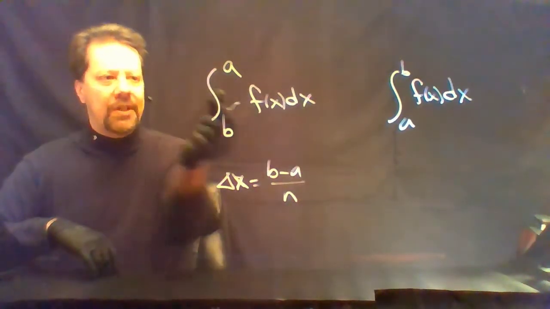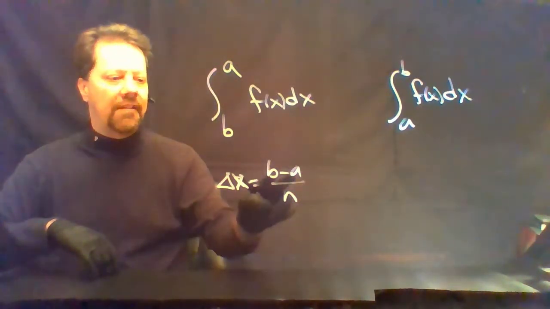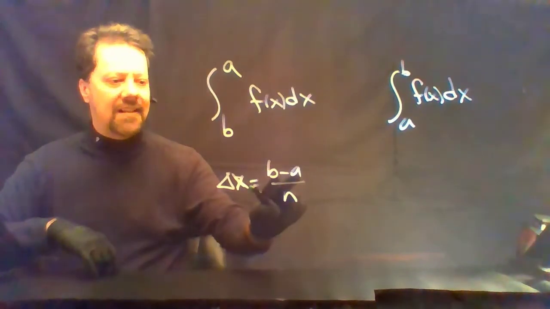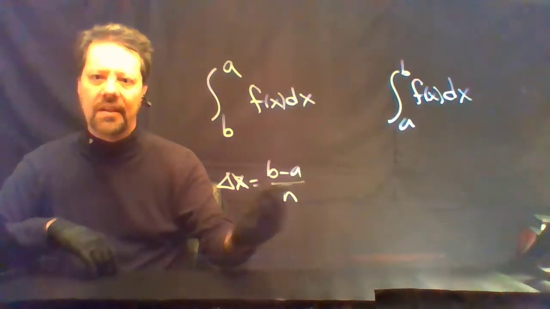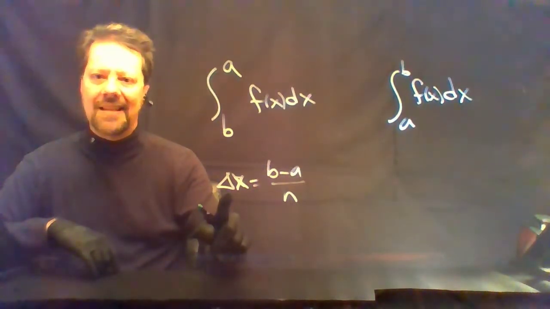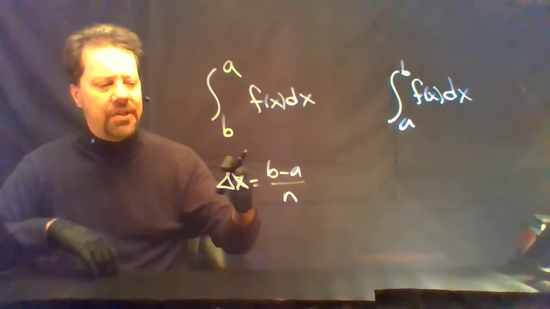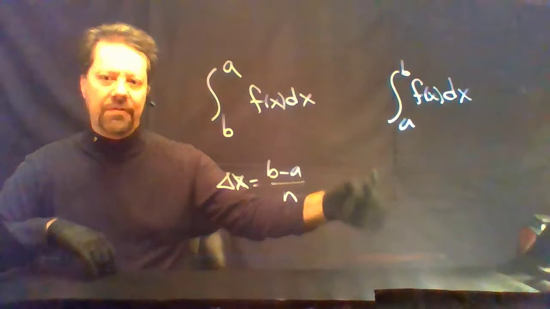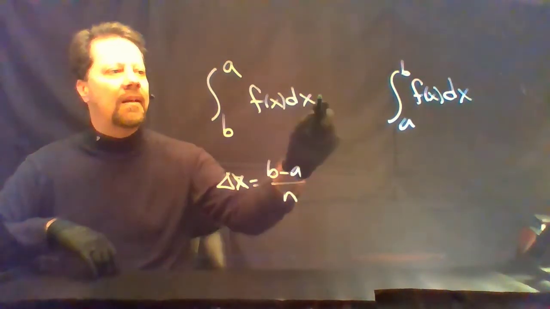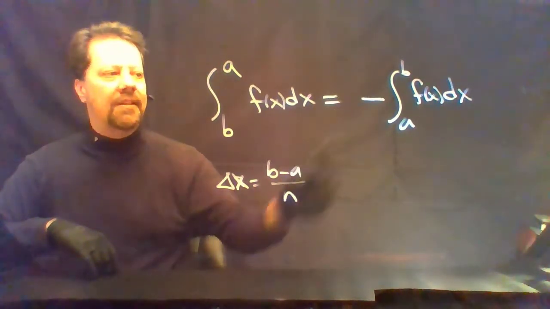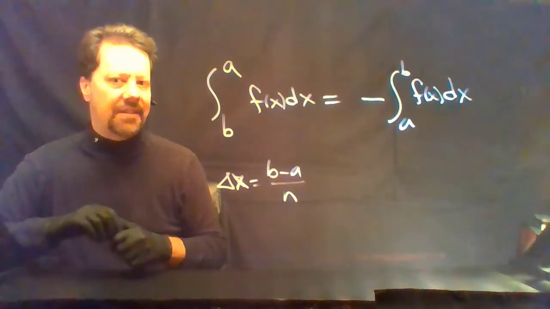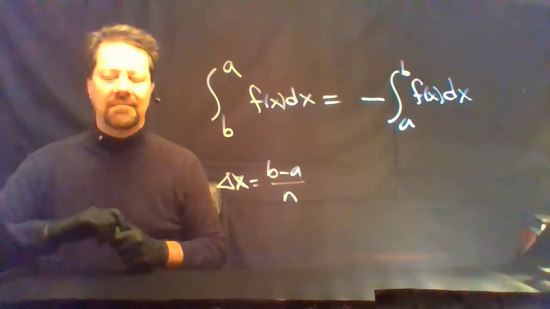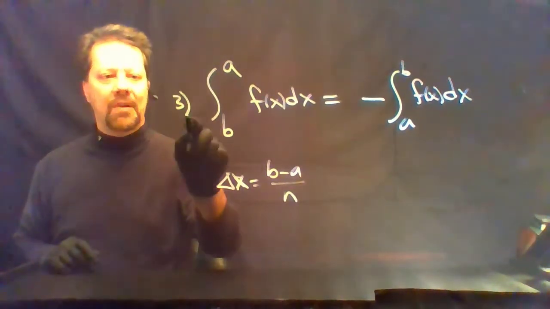If you switch the order of the limits of integration, that's like switching the order of the subtraction, and it makes all of your delta x's negative. Instead of marching from left to right on that number line, your partition will march from right to left. And the relationship then is that these will be exactly opposite in sign. That's property 3 of the theorem.